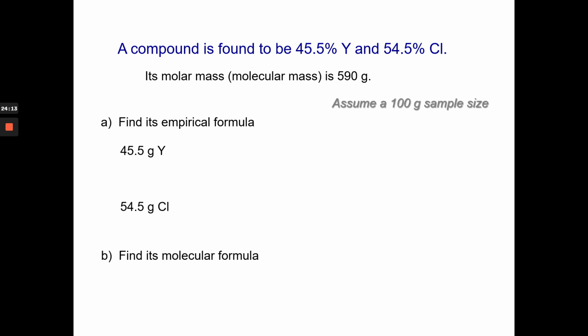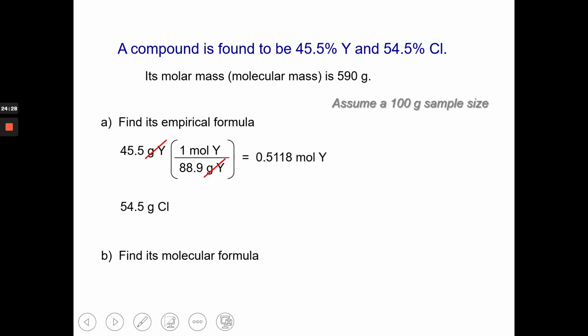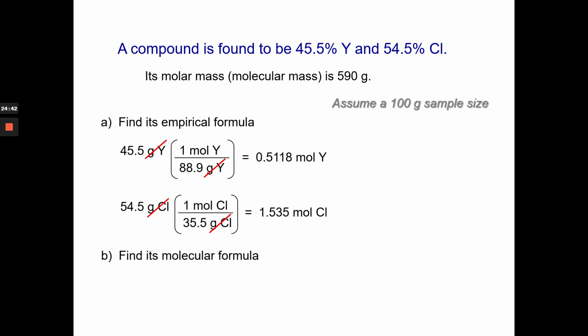Step 2 says convert grams to moles by dividing by their molar mass. Again, yttrium is atomic number 39, and it weighs 88.9 grams per mole. Grams of yttrium cancel, and we're left with 0.5118 moles of yttrium. Chlorine is element 17. It weighs 35.5 grams per mole. Grams of chlorine cancel, and that gives us 1.535 moles of chlorine.